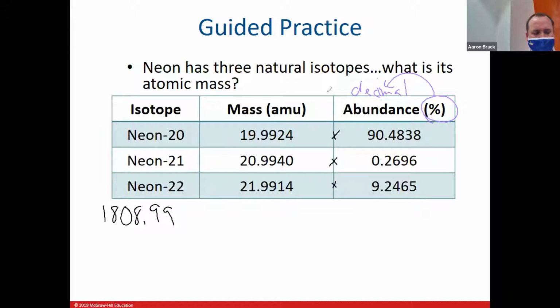Second one, 20.9940 multiplied by 0.2696. To 4 significant figures, because I only have 4 in the percent abundance, I get 5.660.